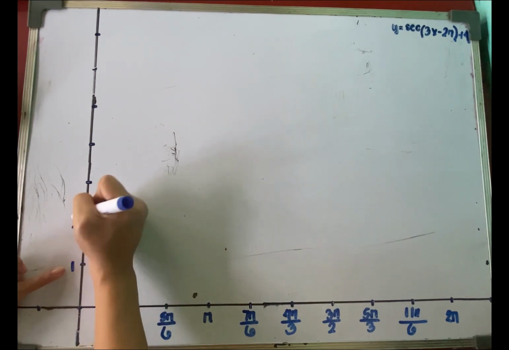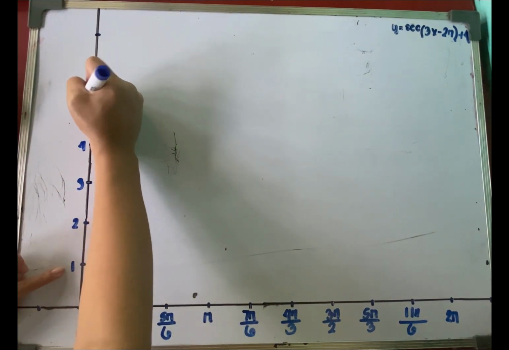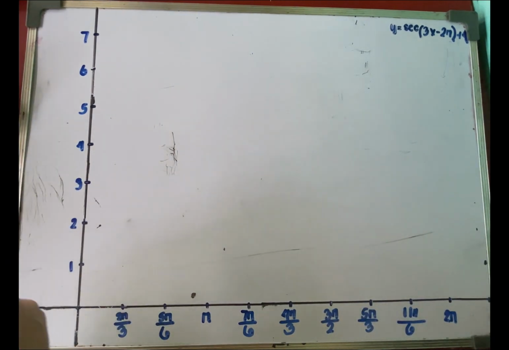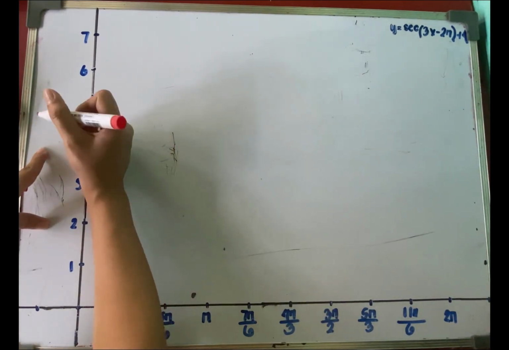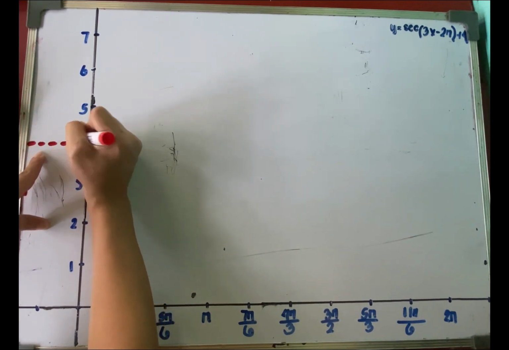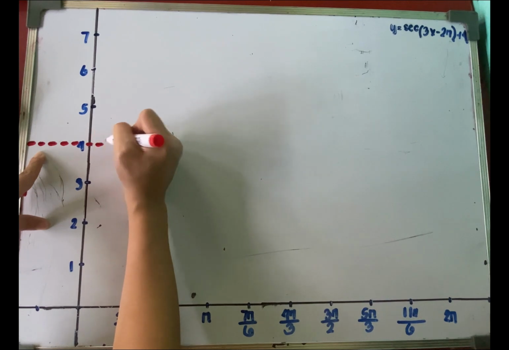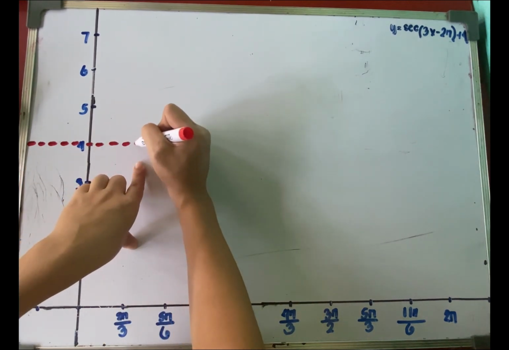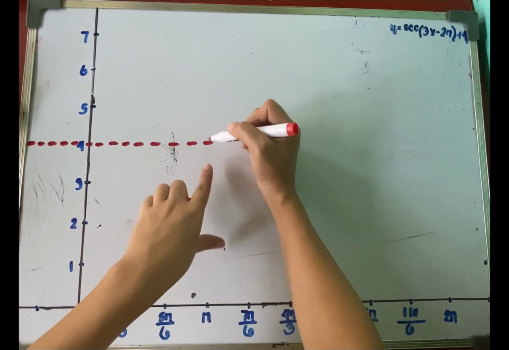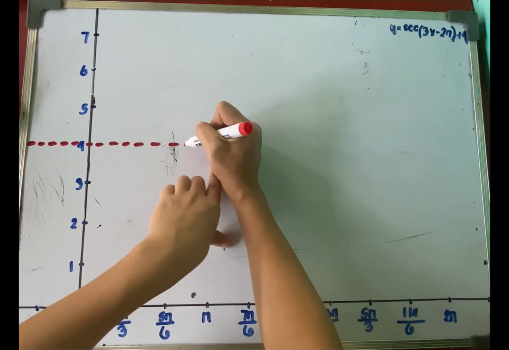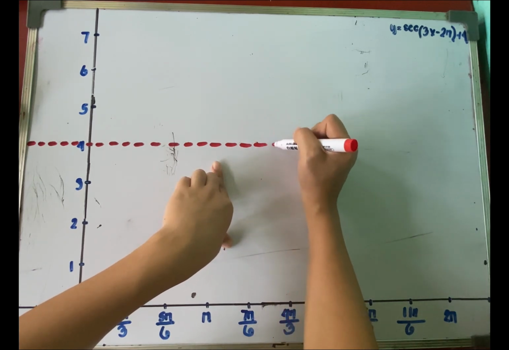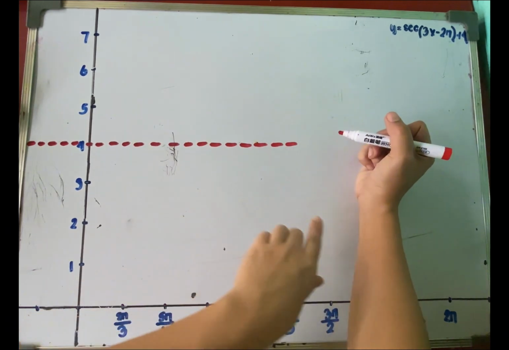So you have 1, 2 for our y, 3, 4, 5, 6, 7. Since it has a plus 4, we move upward. So from 0, we are here now in 4, or positive 4, our new origin. We carefully do the broken lines, illustrate it.